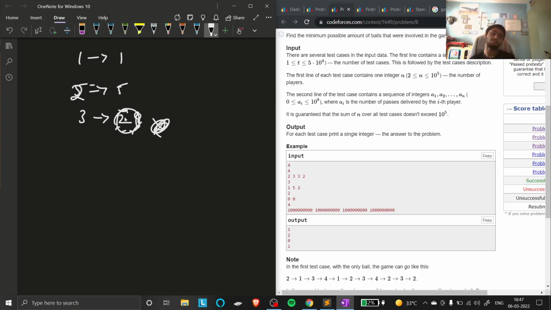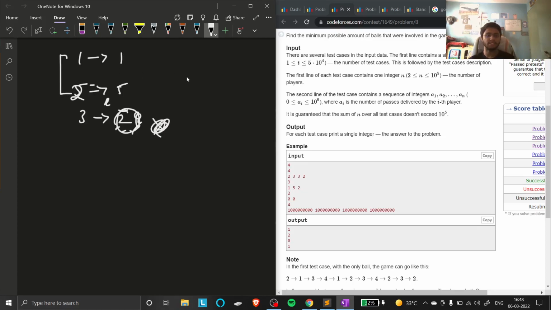This is passing two times. It would pass. Three would pass two times. So if we play with two, let's go like this.